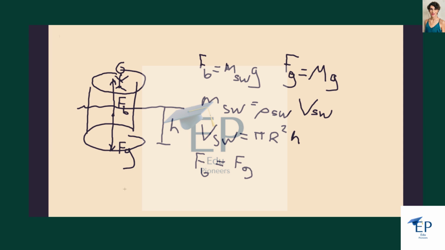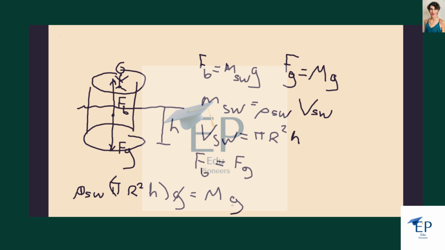Plugging this in, we should find that we have rho sub seawater, the density of seawater, times pi r squared h, which is the volume of seawater displaced, times g, is equal to capital M g.